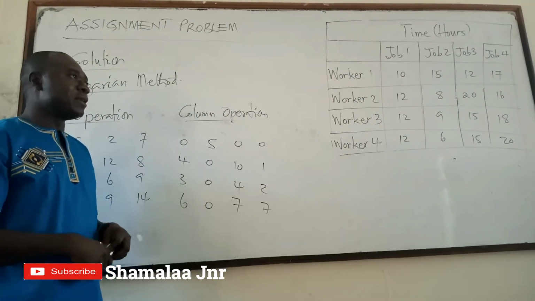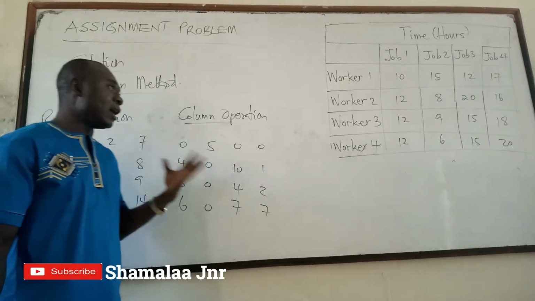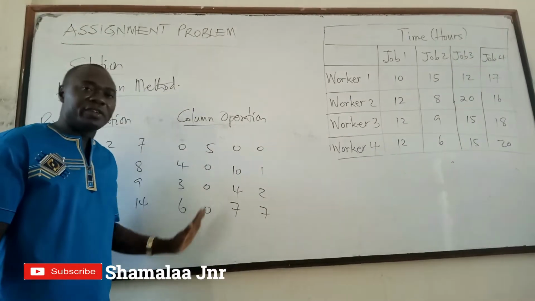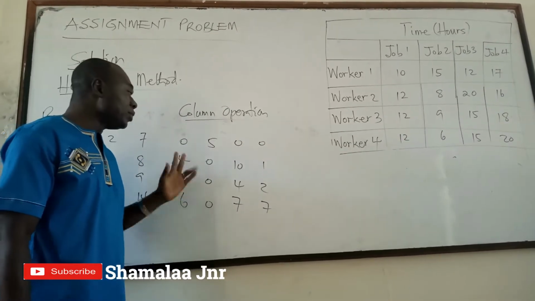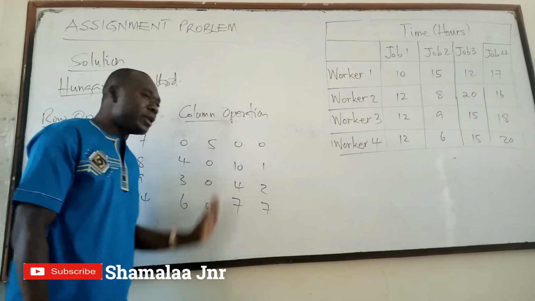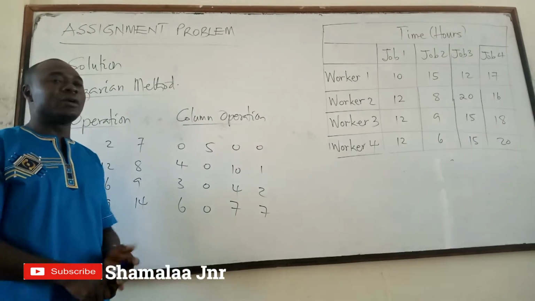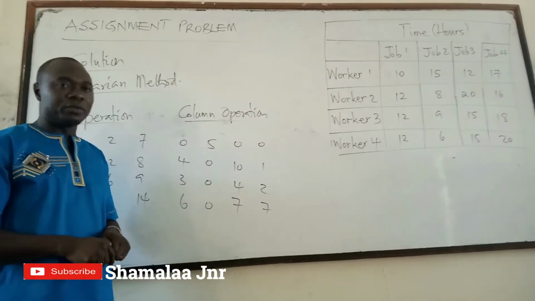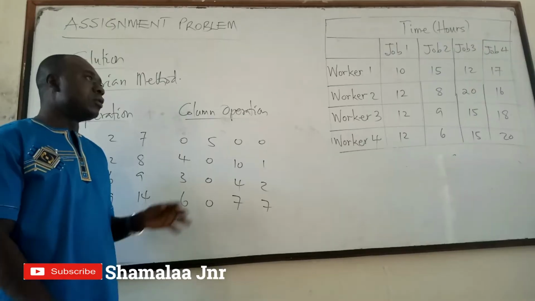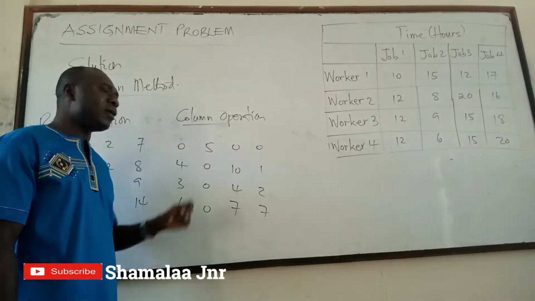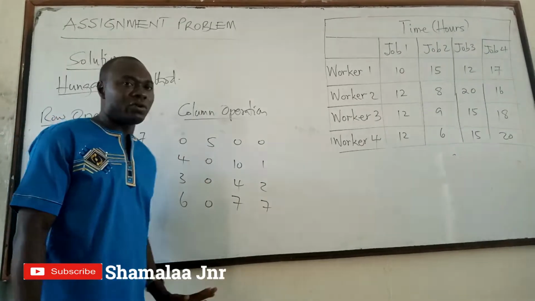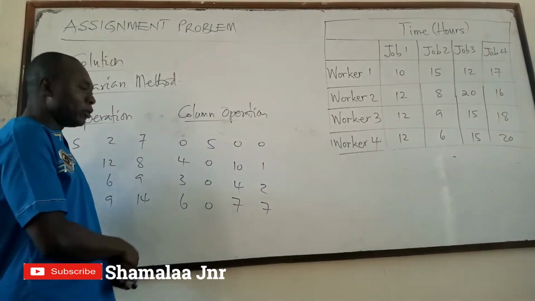What this means is that if you can use 2 straight lines to cross out all the zeros, and then you intentionally use 4 lines to cross out all the zeros, you are going to get it wrong. So you have to try as much as possible to use the least number of lines to cross out all the zeros. So look on the board.